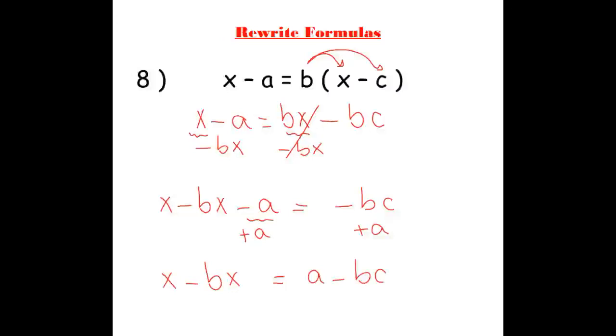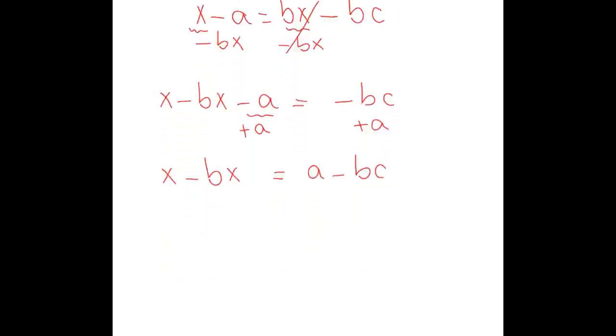So here I have all the friends of x in a side and all the other variables in another side. Here, x is a common friend between these two terms, so I will take x out as a common factor. From this term, if I took x from this term, 1 will remain, then minus bx divided by x will be b, equals a minus bc.